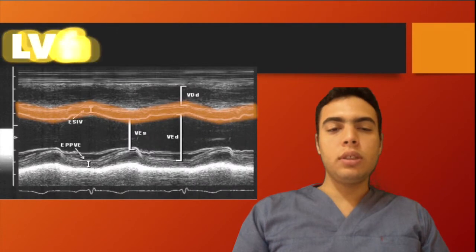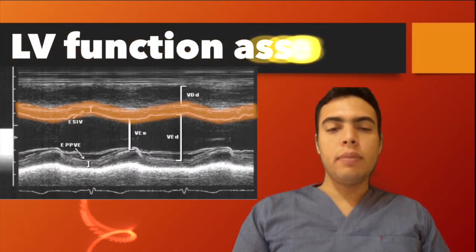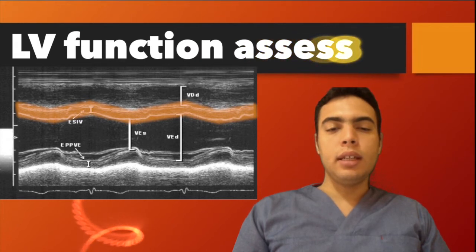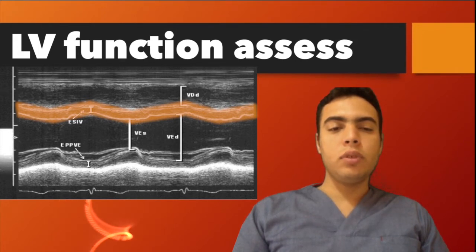Choose the most regular and continuous line, and it will represent the interventricular septum during systole and diastole as seen in the M mode.